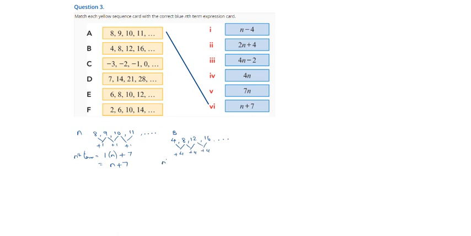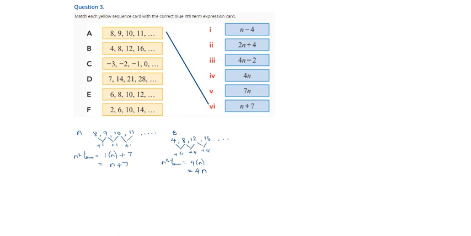So nth term is equal to 4 times n. Now put 1 here. 4 into 1 is 4. We need not add or subtract anything with 4n. So the answer is 4n. So B matches with 4n.